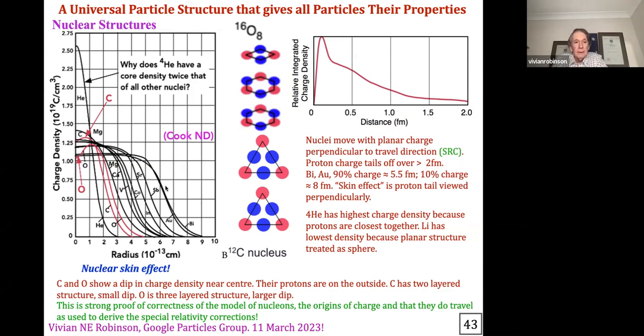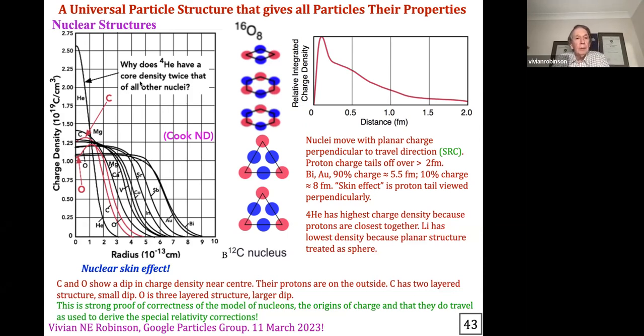So the skin effect really just shows that nucleons, or all particles, when they move, orient their spins so that they present the charge plane perpendicular to their direction of motion.